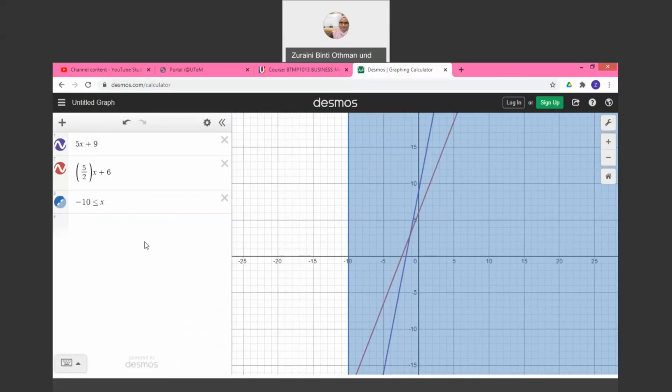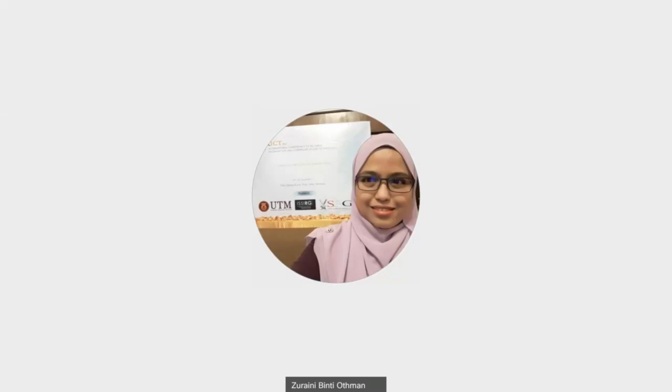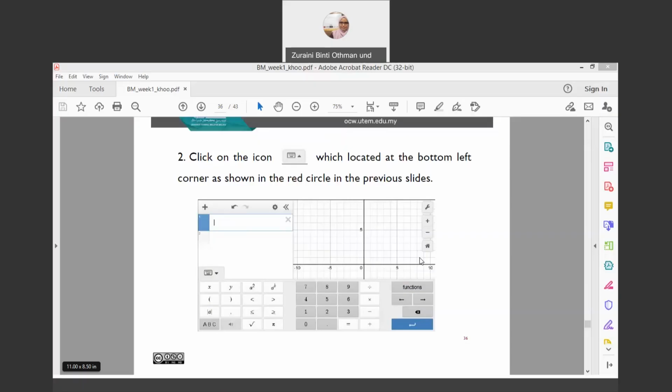So hope you understand how to use this and relate it with your lecture just now. Okay, so this application will really help you in order to analyze your graph later. Okay, so I'm stop sharing this. Then we go for our lecture just now. Okay, that's the content for Desmos.